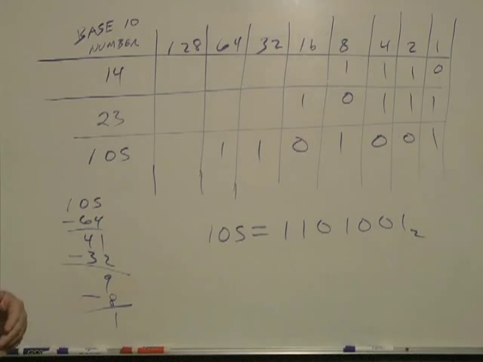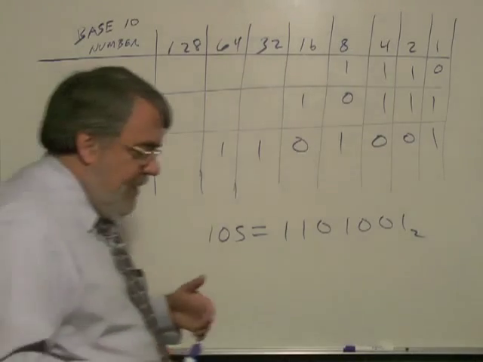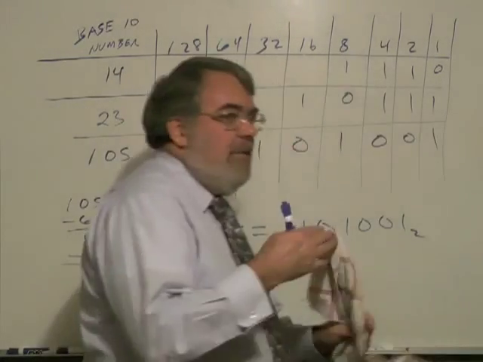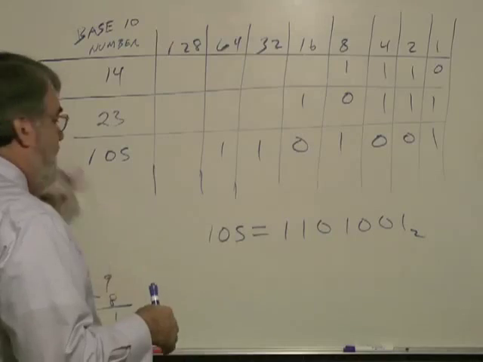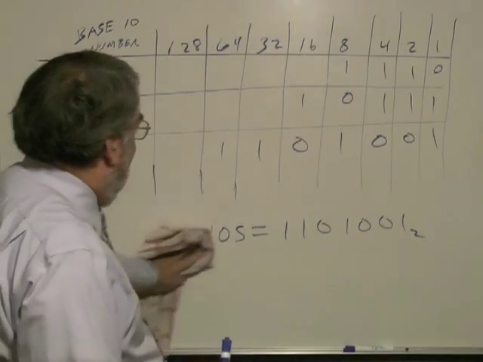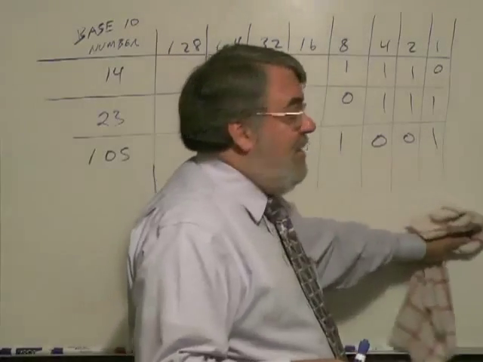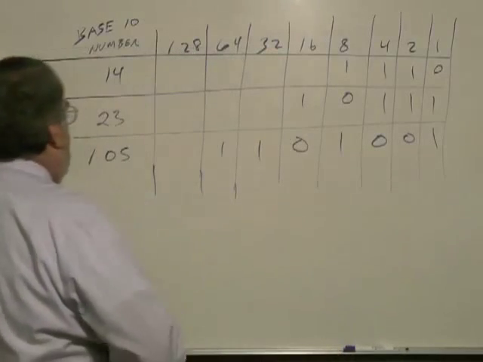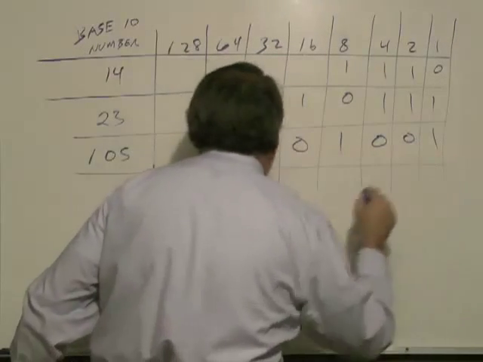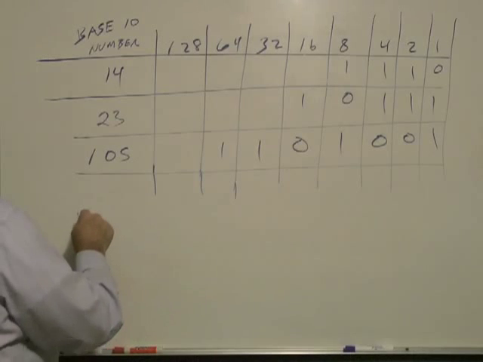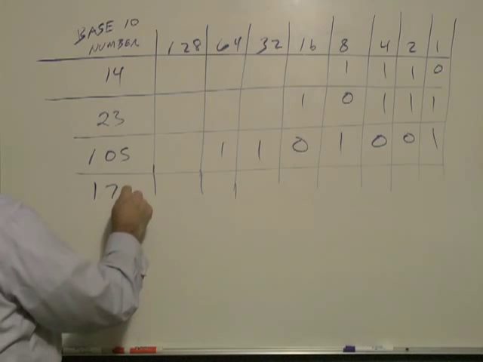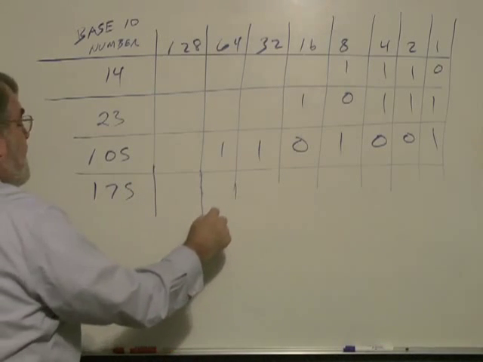So let's do another one of these, and kind of quickly I'll do a full 8-bit number. That could be represented by a byte of information. And so let's go with 175 and see what happens.